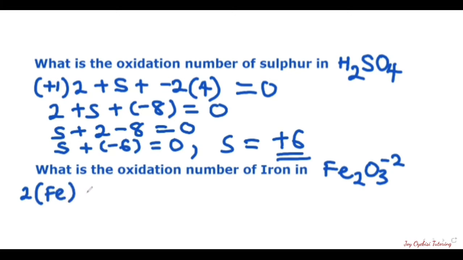Plus oxygen is originally -2, so you will have -2 multiplied by 3, because of this 3, and everything should be equal to -2. Now, if we do the shortcut, what can we have here that would combine with the value here to give us this? If we multiply -2 by 3, we have -6.